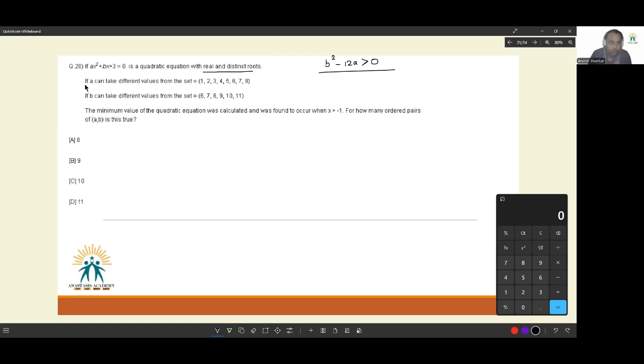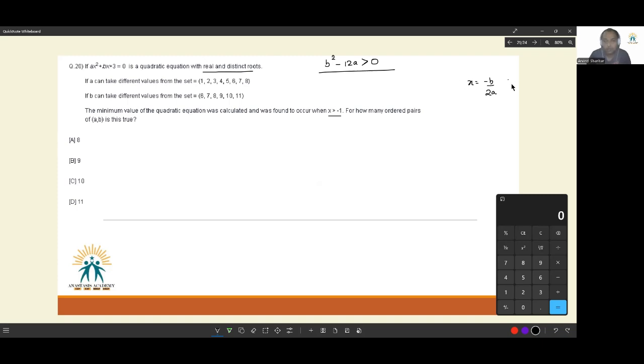If A can take different values from the set 1, 2, 3, 4, 5, 6, 7, 8, and B can take different values from the set 6, 7, 8, 9, 10, 11, the minimum value of the quadratic equation was calculated and it was found to occur when x is greater than minus 1. Now, minimum value of the quadratic is given at x equal to minus b by 2a.